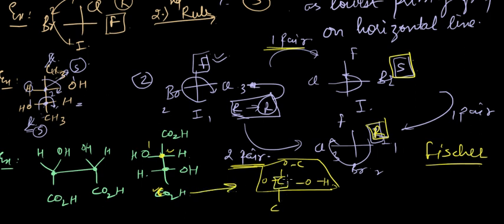So we were at this C. Now we are at the highest priority group. Here the highest priority group is this, and for here the highest priority group is obviously this one for this carbon.